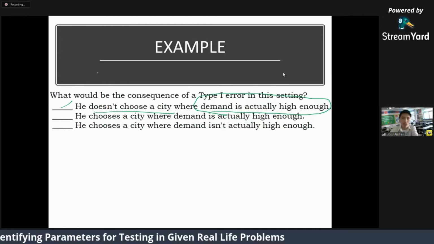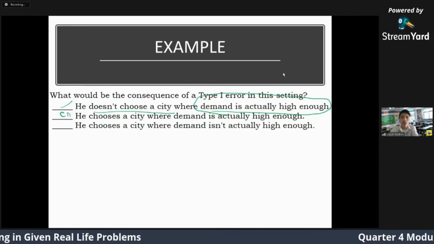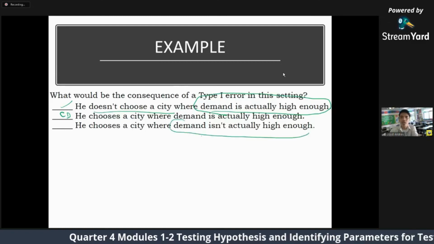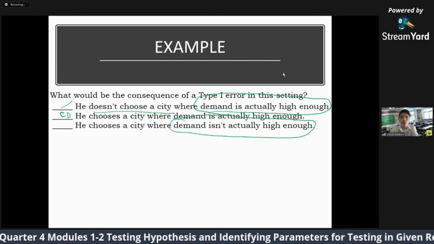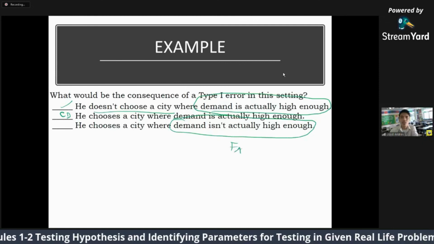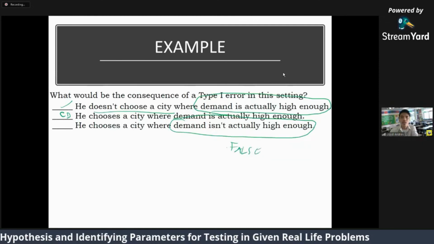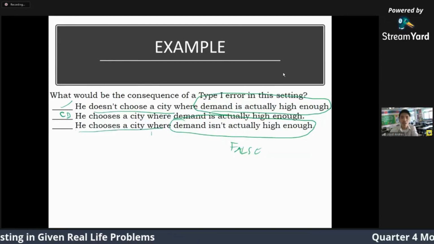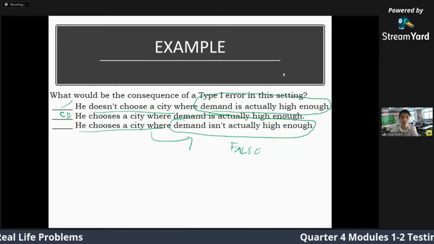Actually, number 2 is a correct decision. Correct decision. For this one, he chooses a city where the demand isn't actually high enough, meaning the null is false, but he chose it. Actually, this is a type 2 error.